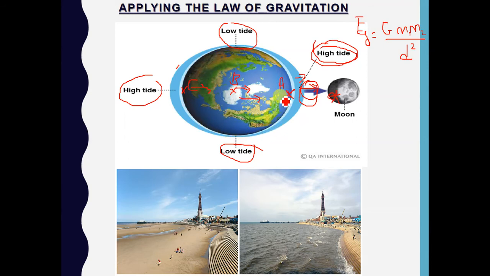It makes one full rotation every 1 day. So every point, see this point, will make a full rotation and come back to the same position. So every point on the Earth passes through two high tides and two low tides.